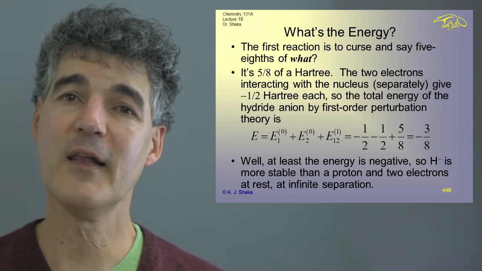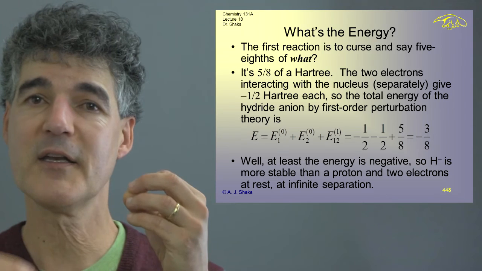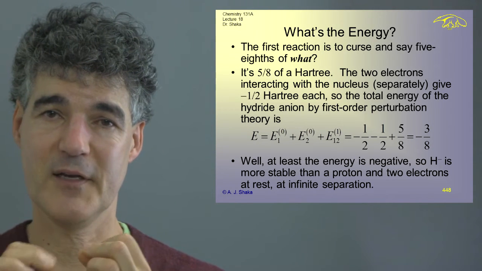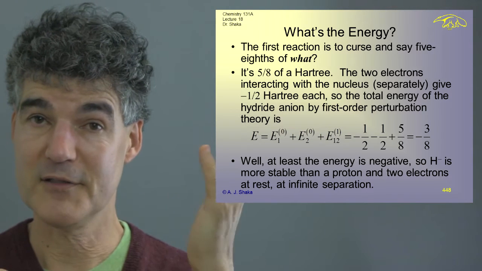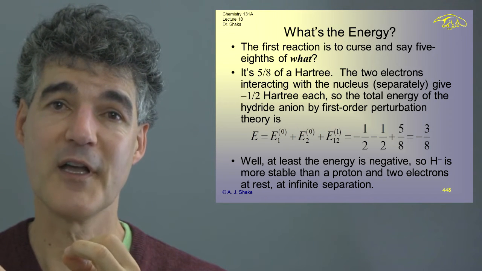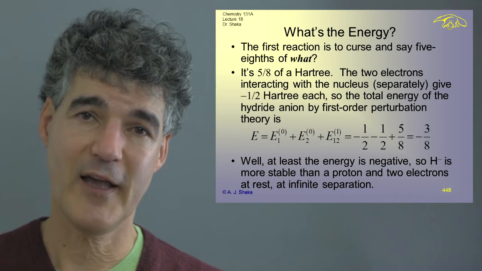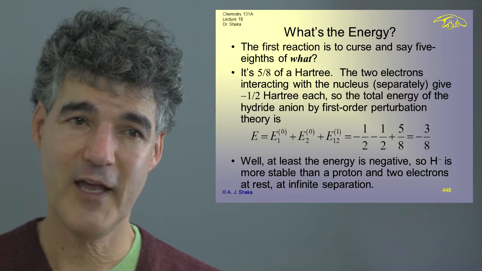Now the two electrons, each one interacting with the nucleus, is minus half a Hartree, because that's what Hartree is, twice the ionization of hydrogen atom, approximately. So that's minus a half plus 5/8.